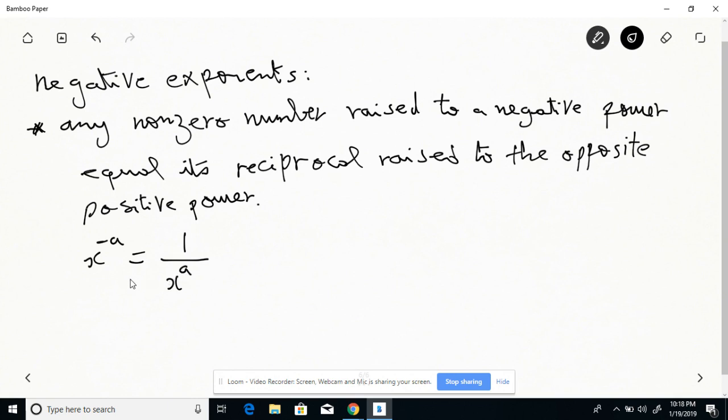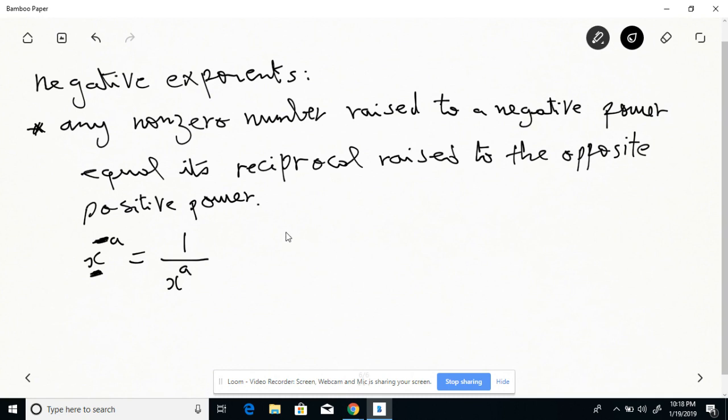The formula says any non-zero number raised to a negative power equals its reciprocal raised to the opposite positive power. Here we have negative a, and the opposite is positive a.